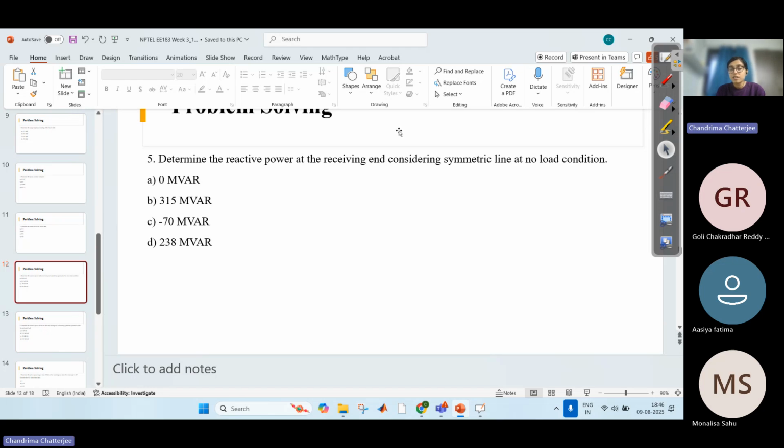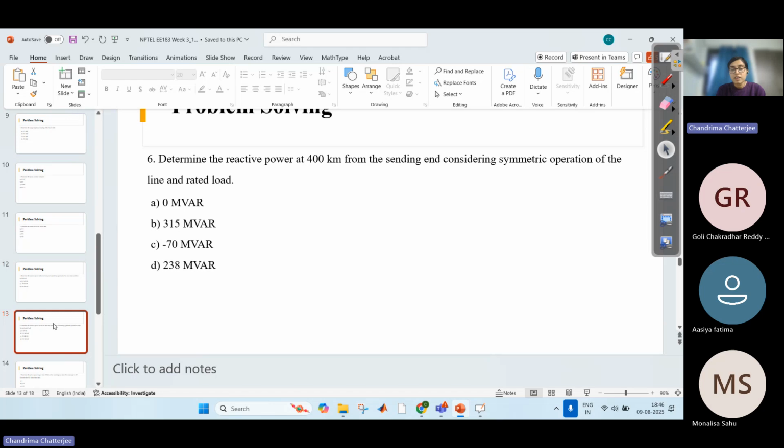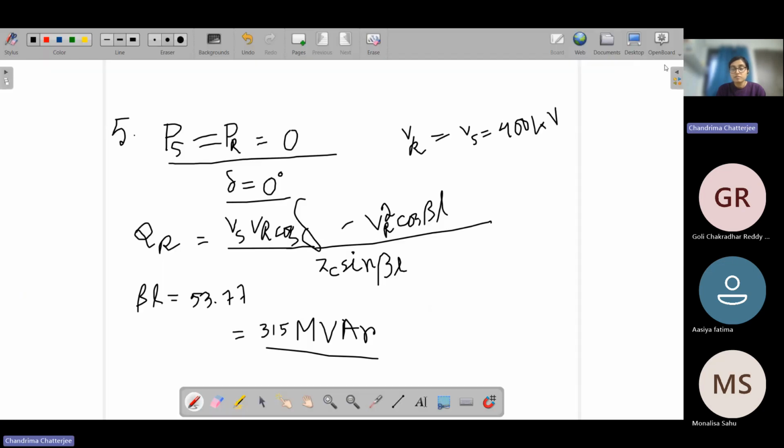These questions are actually pretty simple to solve if you correctly remember the expressions, or if you don't remember them, you can quickly derive them. There are some tricks also. They are not very difficult.